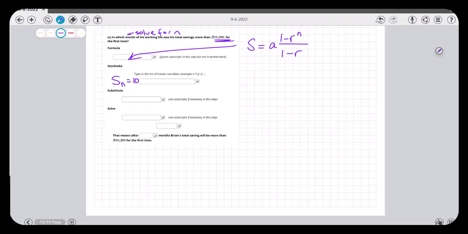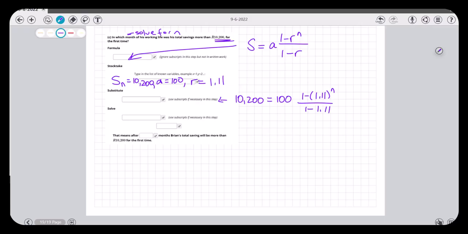When is it 10,200? My A doesn't change, 100, and my R does not change, 1.11. So I plug all of this in, and I'm going to have 10,200 equals 100 times 1 minus 1.11 raised to the N, divided by 1 minus 1.11.